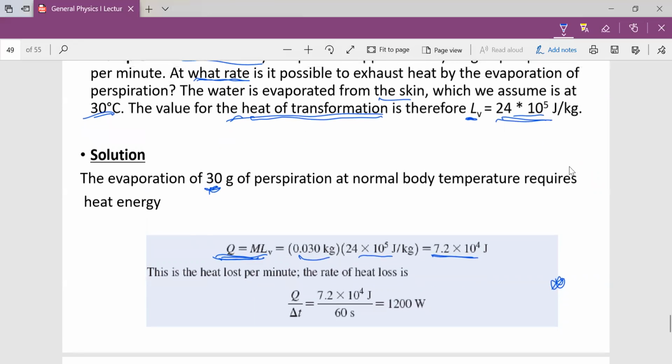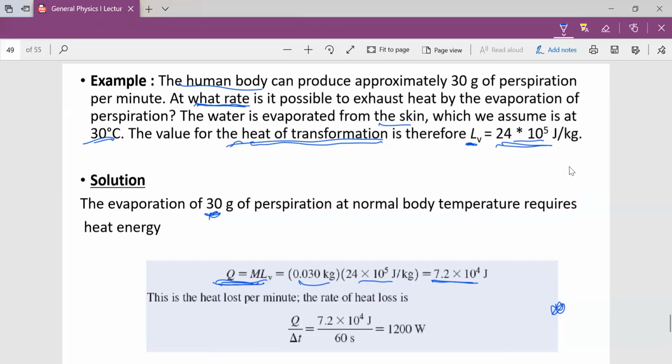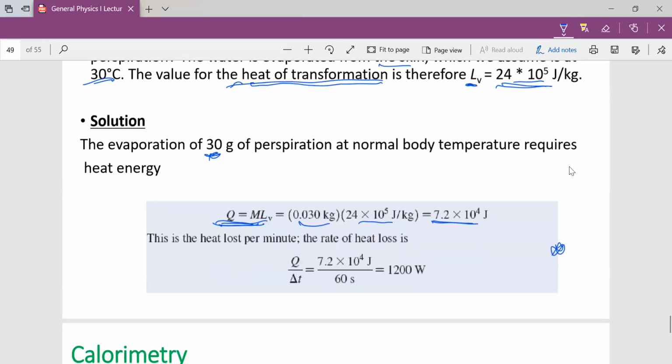So when we want to look at the rate, we're actually specifying it per time. What is really going to happen in a minute or a second? So we'll have that the heat loss per minute is going to be Q over the time taken for that heat to be lost. Our Q is given as this, which we have solved, and then time is 1 minute, which is 60 seconds.